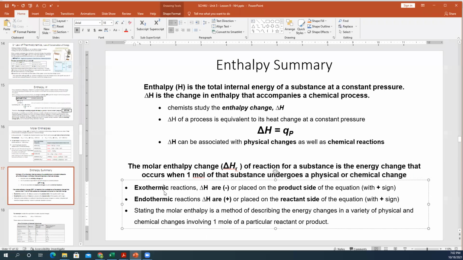And what you have to then remember is that in exothermic reactions, the delta H's always have a negative value. Or otherwise, you can also write it on the product side of the equation with a plus sign. And in endothermic reactions, the delta H's are written as plus, or they're put on the reactant side of the reaction with a plus sign.